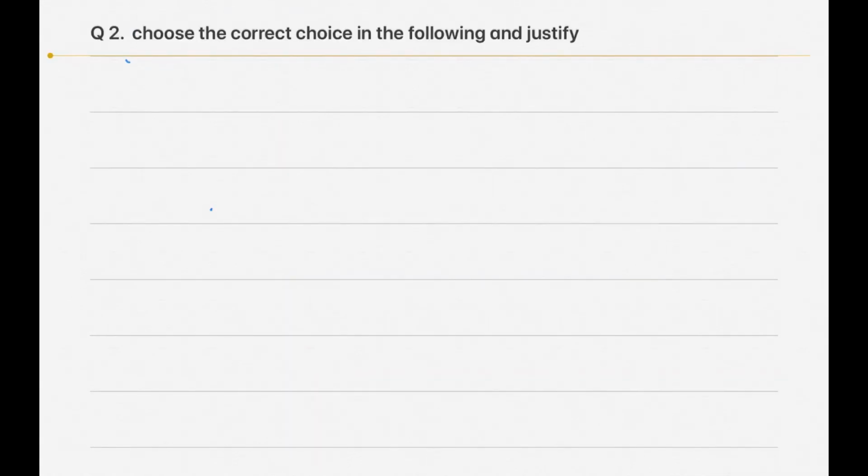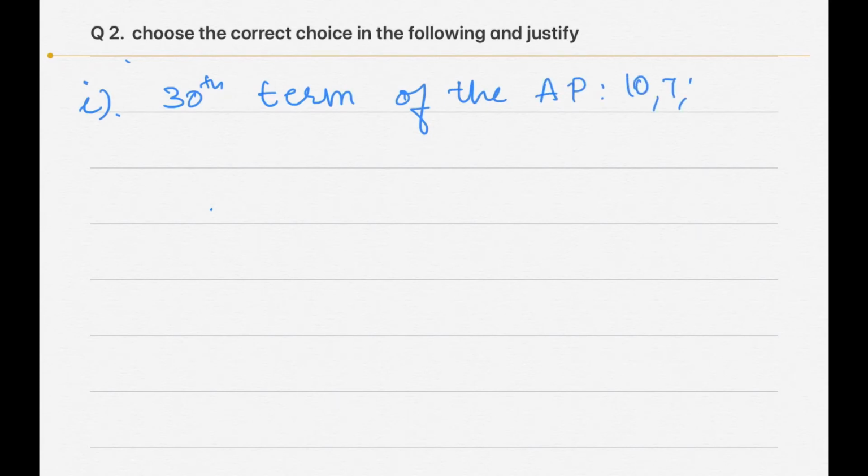Okay guys, so now question number 2. Question number 2 says choose the correct choice in the following and justify. Okay, so now first part, let's see. It says 30th term of the AP 10, 7, 4, and they have given 4 options.